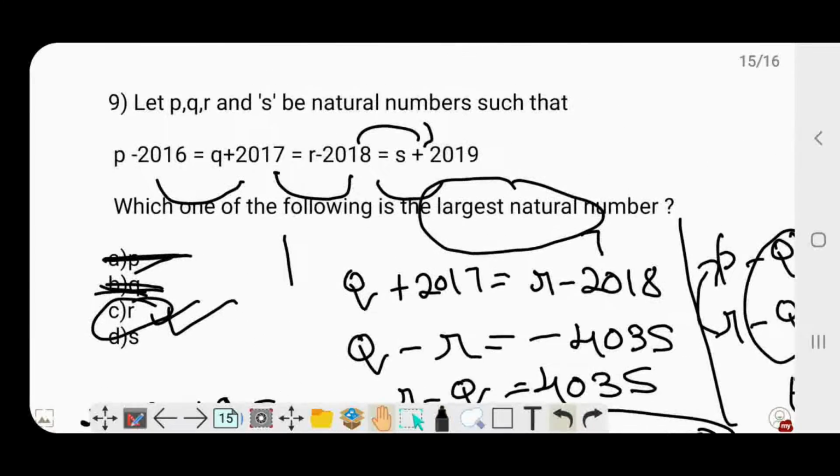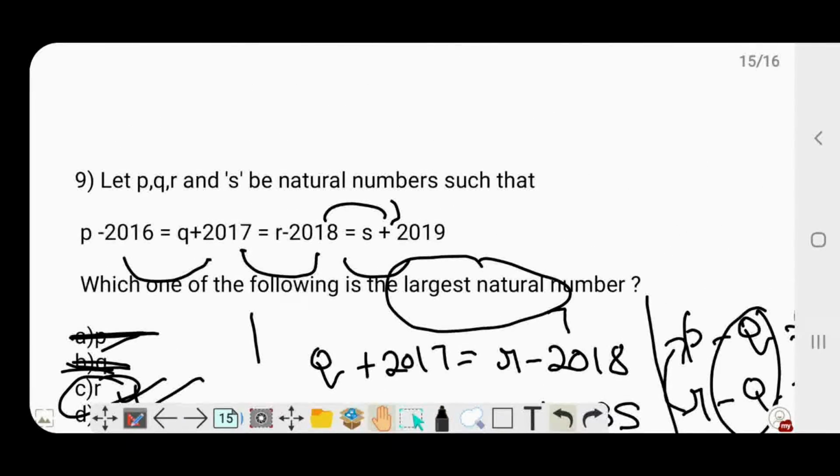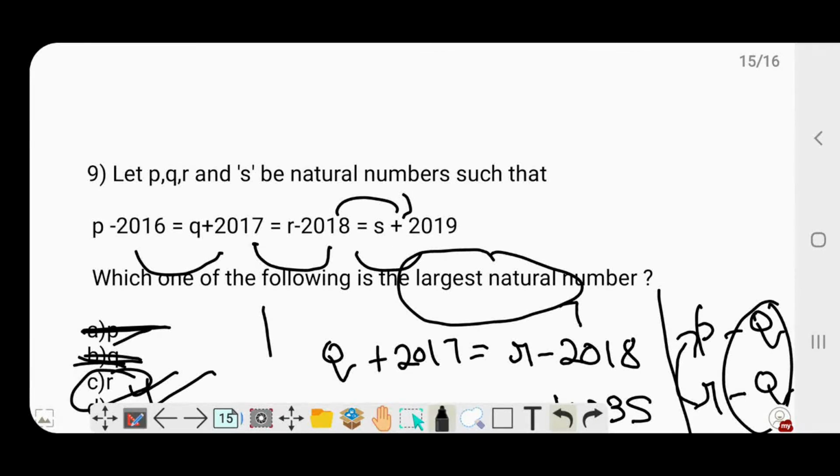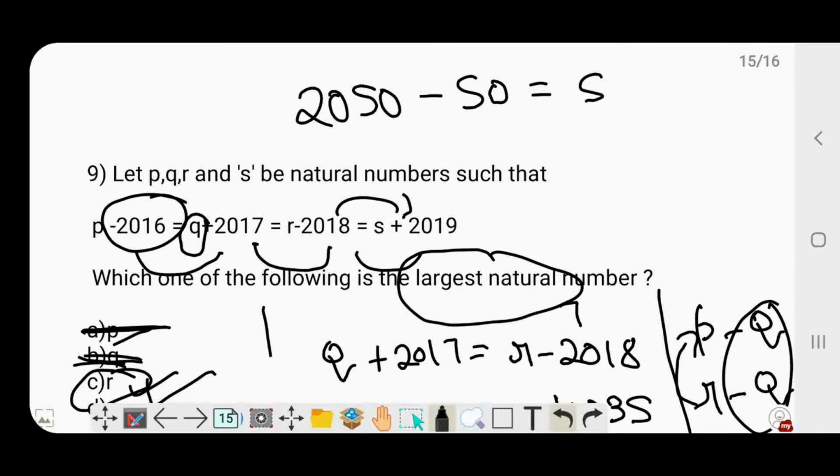Let's try to solve this question in a very quick manner. Just by looking at the equation, P minus 2016 is equal to blah blah blah till S plus 2019, P is larger than Q. When a larger number minus 2016 is equal to a smaller number plus 2017, it's like 2050 minus 50 is equal to 50 plus 2050.